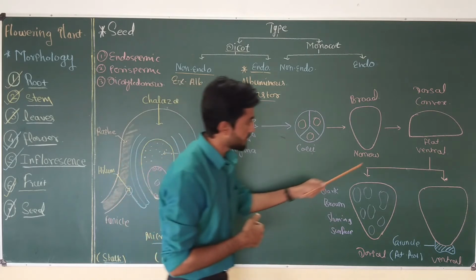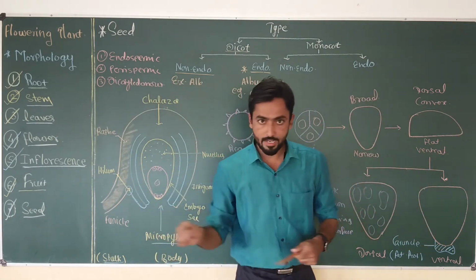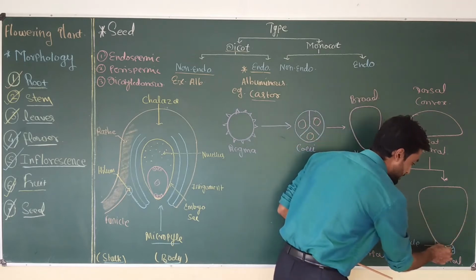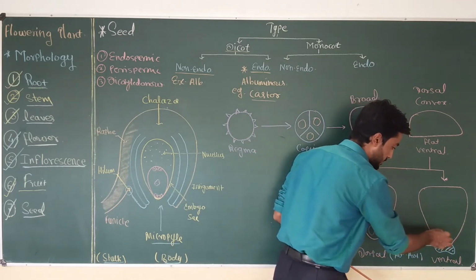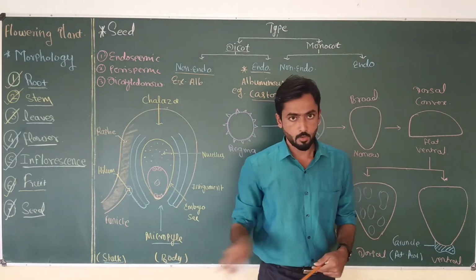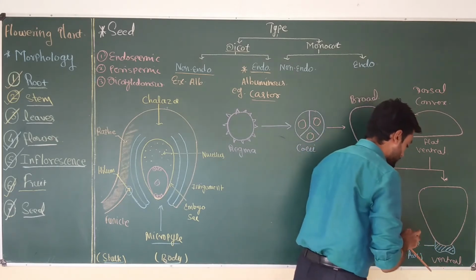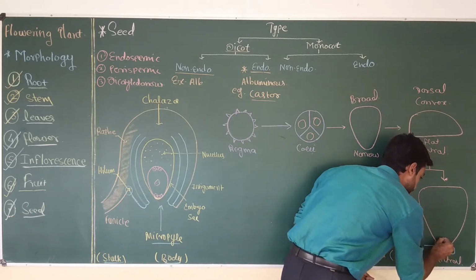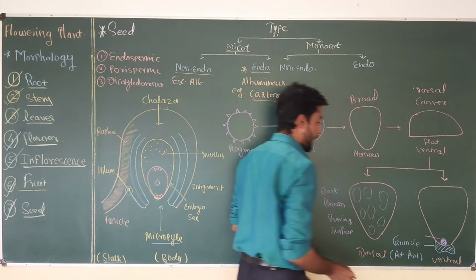So when we observe the castor seed from the ventral side, the micropylar end is generally present inside the caruncle. That means it is embedded in the caruncle, so the micropyle is invisible from the ventral side. But above the micropyle, a rounded structure can easily appear, and this rounded structure is nothing but the hilum.